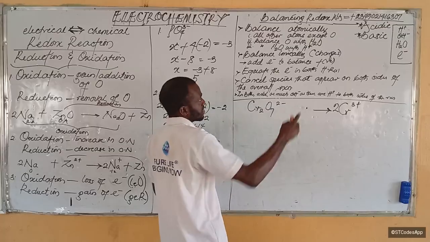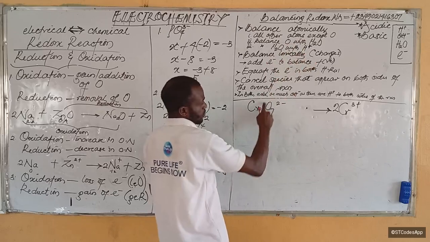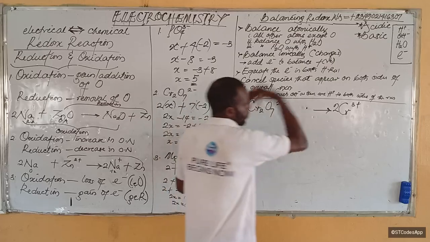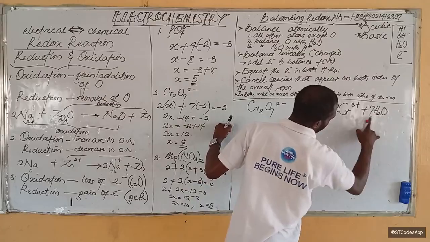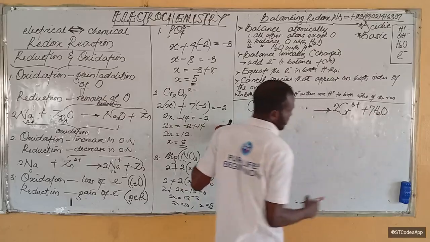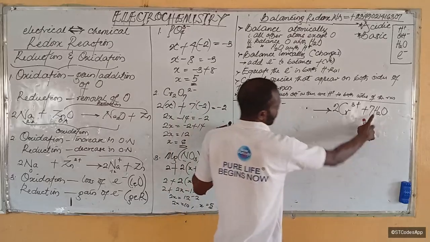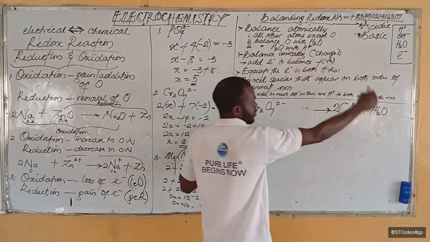How about oxygen? We are balancing it last. Balance oxygen with water. How many oxygen do we have here? We have 7 oxygen. We come here that there is no oxygen at all. We add 7 water. So by adding 7 water, you have added 7 oxygen. Is that clear? But of course, by adding 7 water, you have also introduced a new species, which is proton. So you come and add equal amount of protons as there are hydrogen on this side.